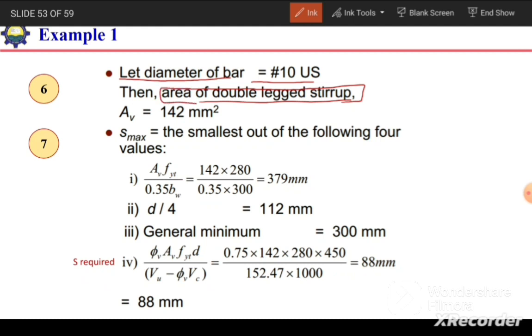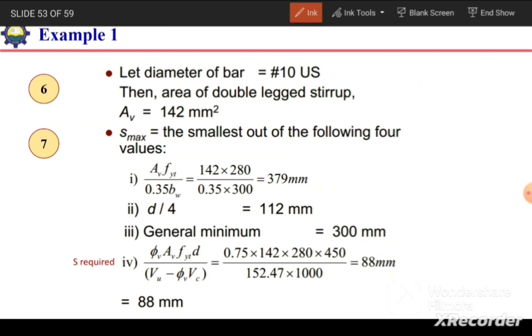So we are using number 10 bar for the stirrup with double leg. In that case, the area will be equal to 142, area of bar times 2. So area of bar is 71 multiplied by 2, so it will be 142 millimeter square, Av, area of stirrup resisting the shear.